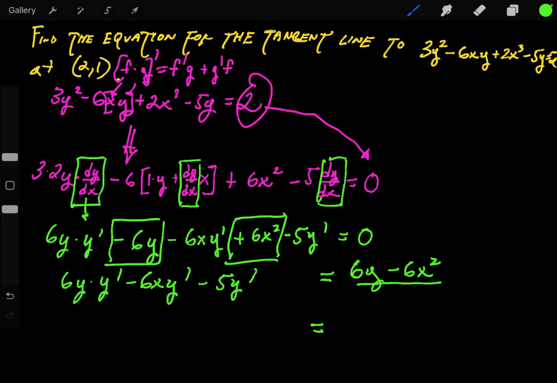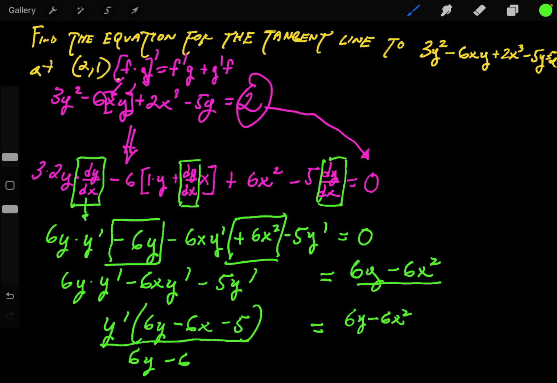Then you could factor out a y prime, and you get 6y minus 6x minus 5. Then it's 6y minus 6x squared, and you can divide by 6y minus 6x minus 5 on both sides. And now you solved it for y prime, which again, is not 100% necessary.